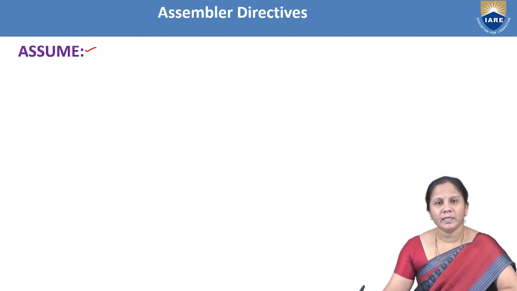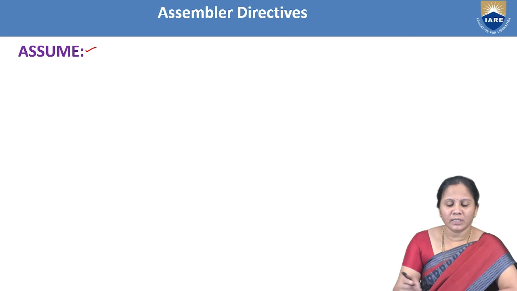If we write the instruction ASSUME in the program, how is the assembler going to understand it when it sees that assembler directive? These instructions direct the assembler in such an operation.